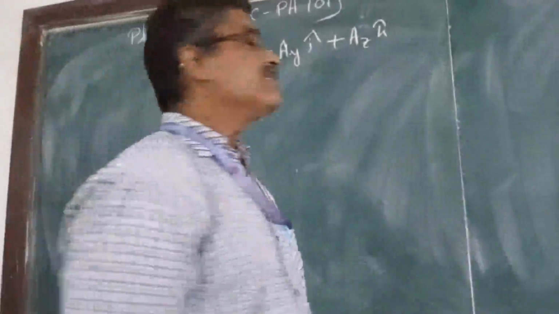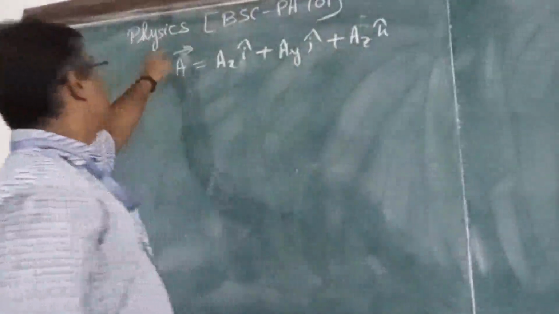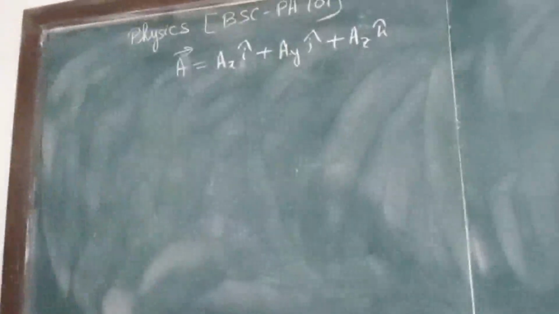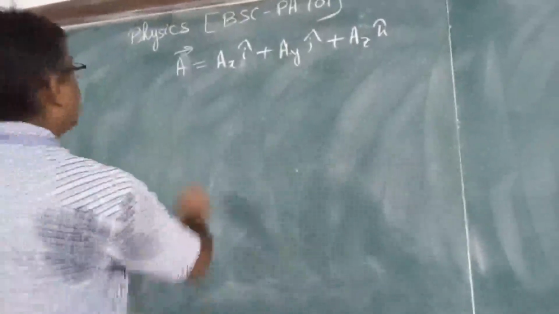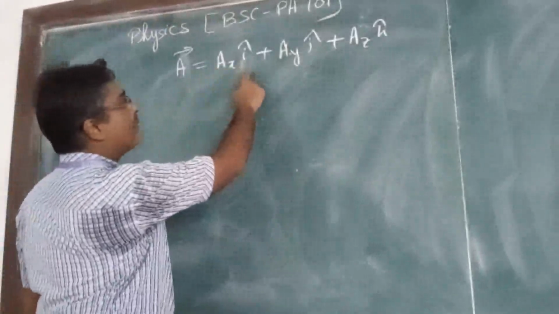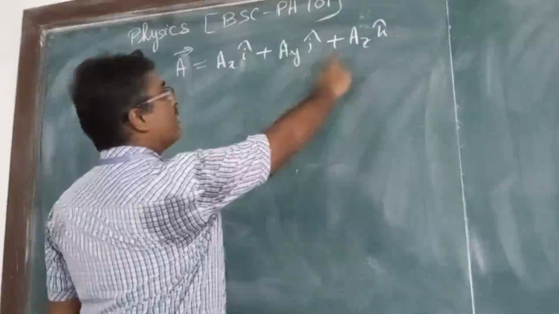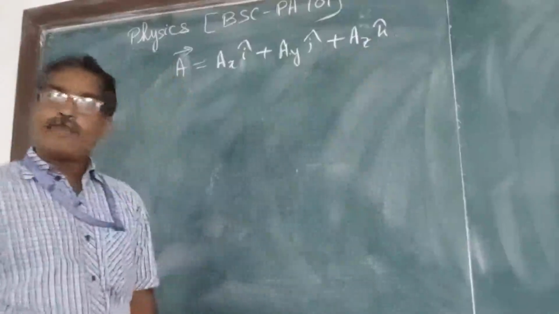It is written as A with an arrow on the head, and A equals AX i cap plus AY j cap plus AZ k cap.